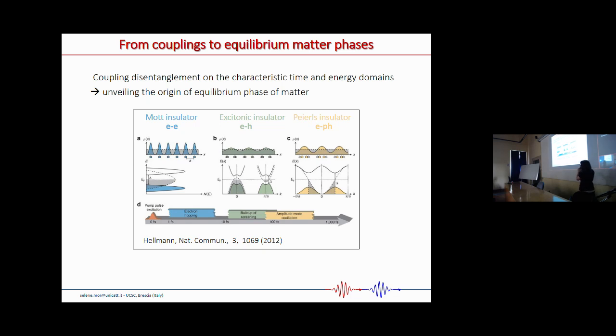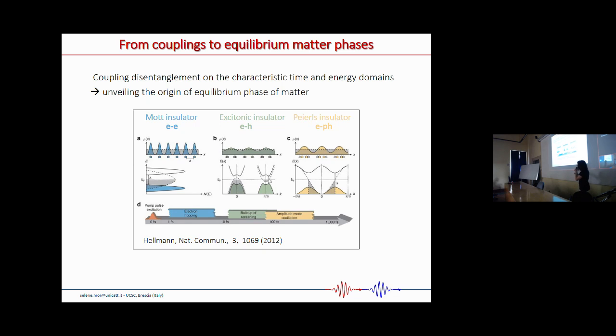You see here, this was just a graphical abstract: Mott insulator, excitonic insulator, Peierls insulator are all insulating phases where one specific coupling is the dominant one, being electron-electron on-site Coulomb interaction, electron-hole attraction, or coupling between electrons and some lattice instabilities.